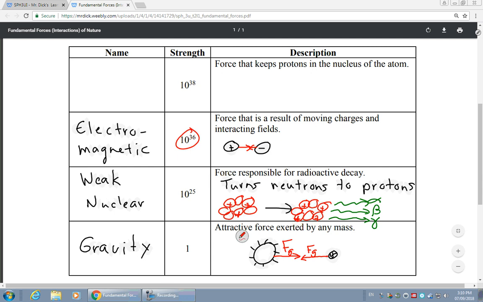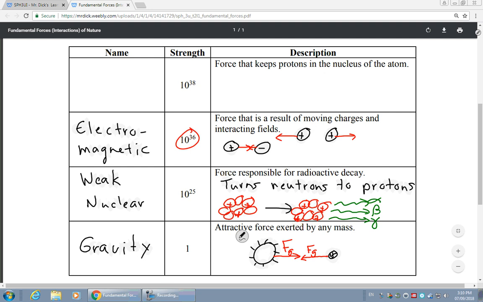So there is an attractive force there. If we had maybe 2 of the same charges, like 2 positively charged particles, they would repel one another. Like charges like to push away and feel a repulsion.